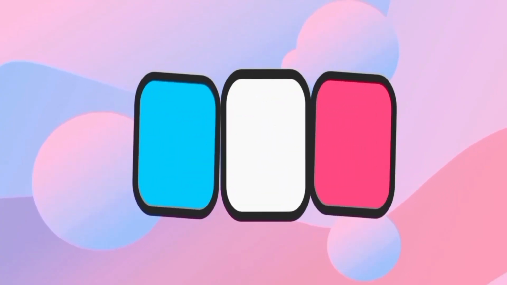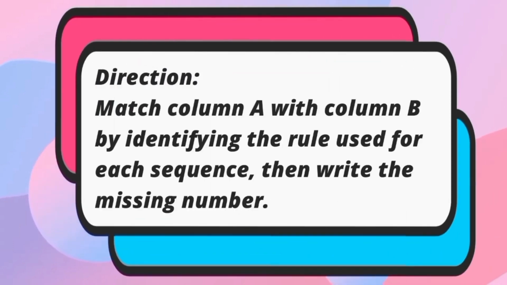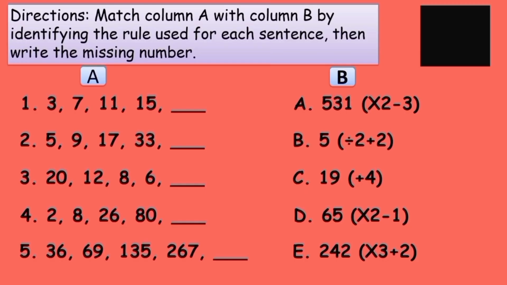Now children, let's have an exercise. We will answer activity number 1. We are going to match column A with column B. Number 1. What is the answer? Very good. How about number 2? Excellent.